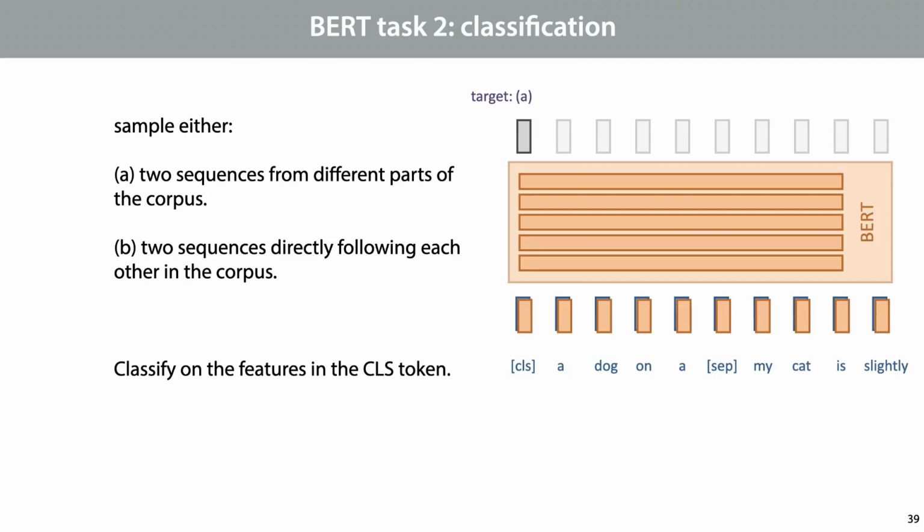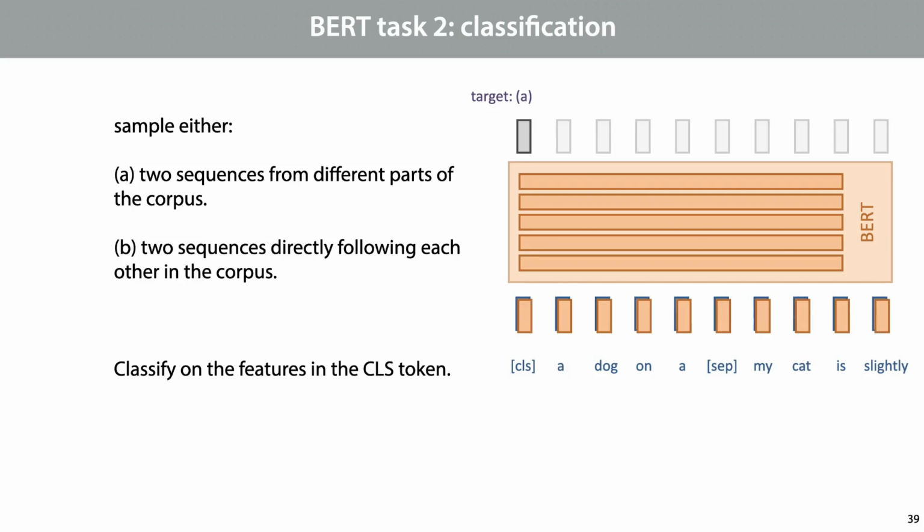We then feed the model with either one sequence of 512 tokens taken from a random position in the data, called case A, or with two sequences of 256 tokens from two different parts of the corpus, concatenated together, call that case B. In both cases, a special token, written as SEP, indicates the halfway point.